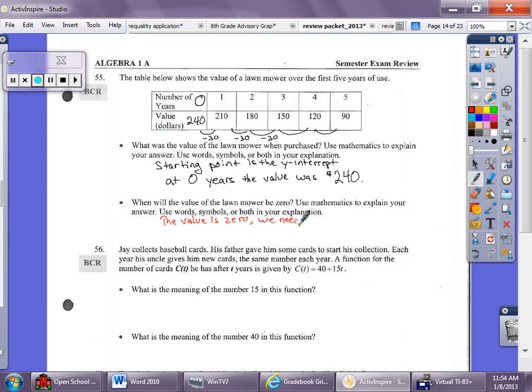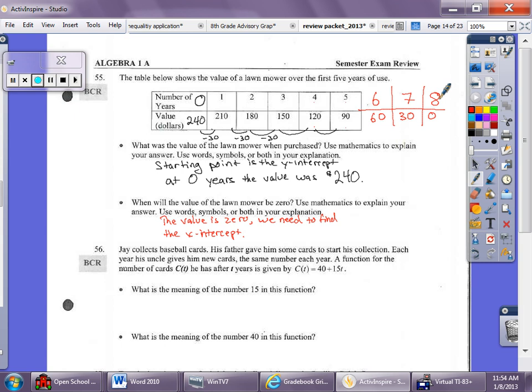So we need to find the x-intercept. Once again, we can just extend this table to 120, 90. It's going down by 30, so 60, 30, and then 0. If we look, 4, 5, 6, 7, 8.